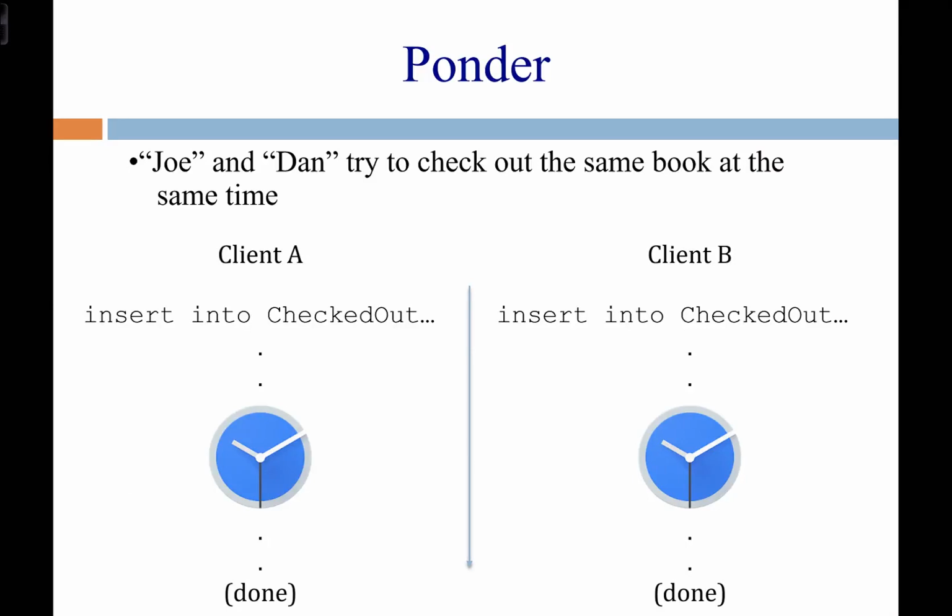And to the one that fails, it will just look like the primary key was already there before it even tried to insert it, and so it will just be a primary key violation. And which one succeeds and which one fails is essentially an arbitrary choice, and it's up to the DBMS to detect these conflicting transactions and make one of them succeed and make one of them fail.